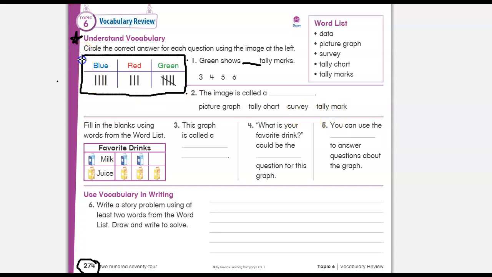What is this whole thing called? Is it called a picture graph, a tally chart, a survey, or a tally mark? Circle your answer and write it in the blank for number 2.